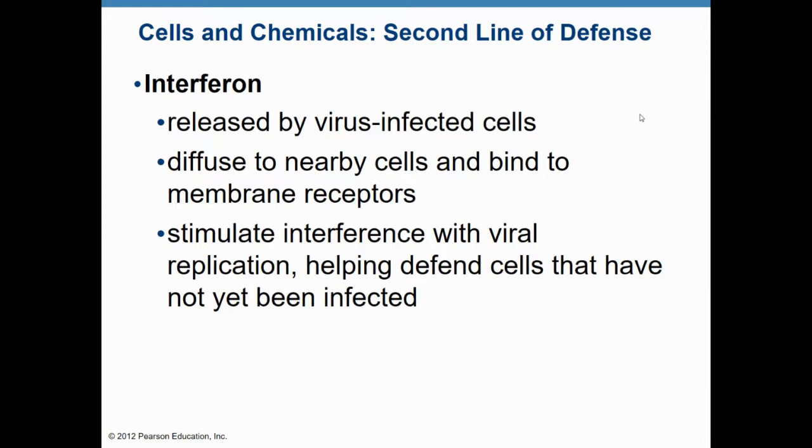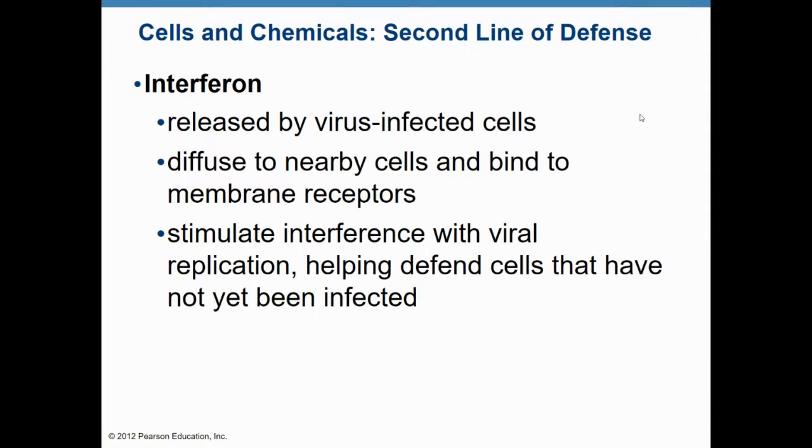So once a cell becomes infected with a virus, it's too late for that cell, but what it does is it will secrete these antiviral proteins, and those antiviral proteins will go into the neighboring cells. And those antiviral proteins that go into the neighboring cells help the neighboring cells to defend themselves against the virus.